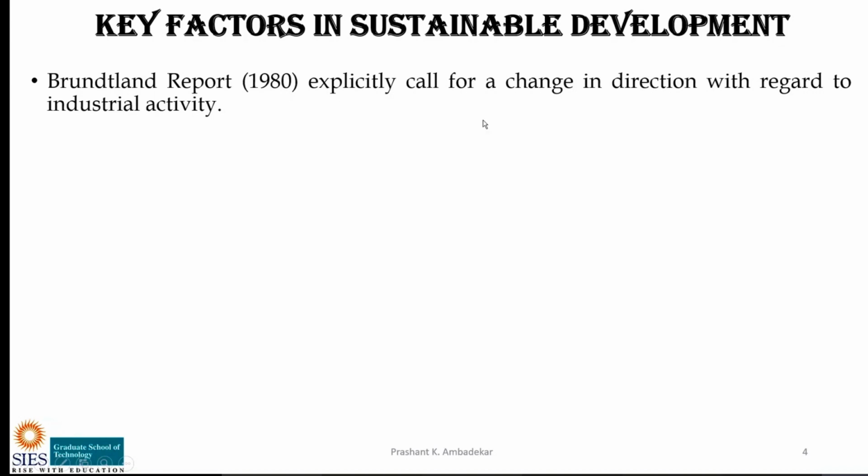So more effort should be taken on this industrial activity, not to stop it, but to reframe or redesign it so that the effect on the environment is less. I used the word reframe, but to be more accurate, the word is redesign.